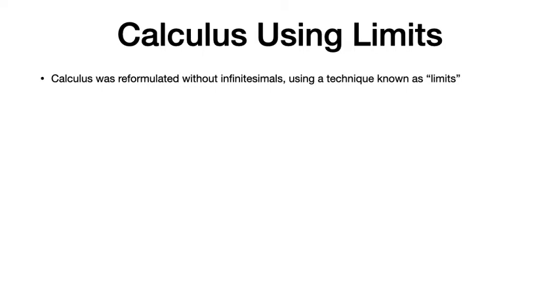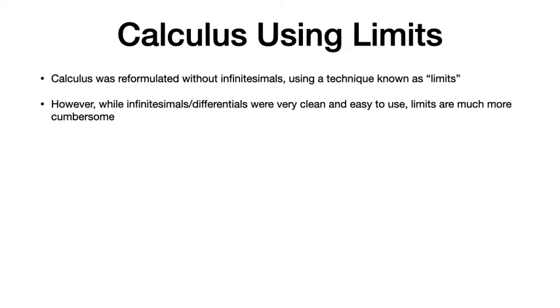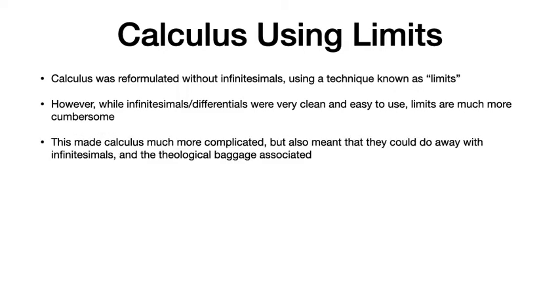The problem is that while infinitesimals are very clean, as I showed you how to do differential calculus in like 5 minutes, and they're very clean and easy to use, limits are much more cumbersome. So this made calculus a lot more complicated, but it also meant that you could do away with infinitesimals and the associated theological baggage.